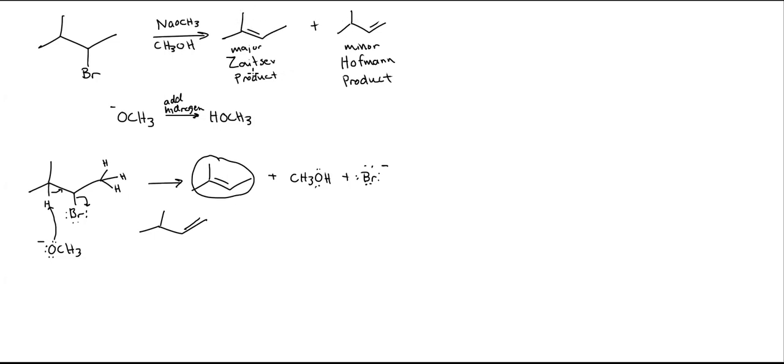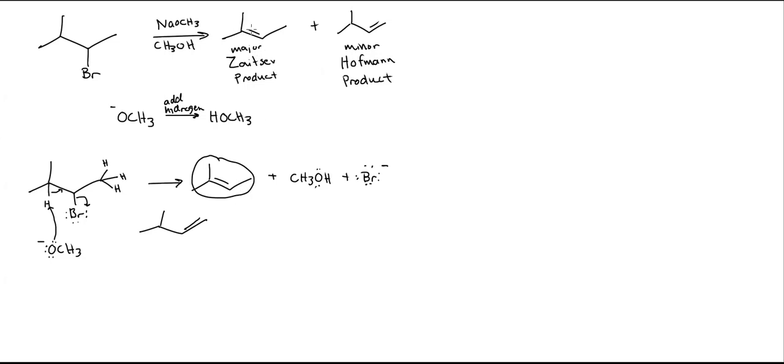It's more substituted than this one is. So the more highly substituted thing is the Zaitsev product. The less highly substituted alkene is the Hofmann product, all right? So whenever I use a regular base, I get my Hofmann product as the minor product, and I get my Zaitsev product as the major product. All right. So that's what's going on there.